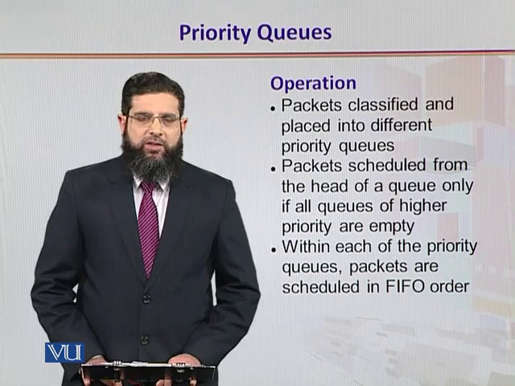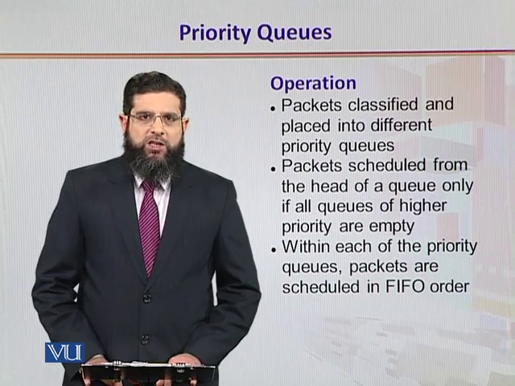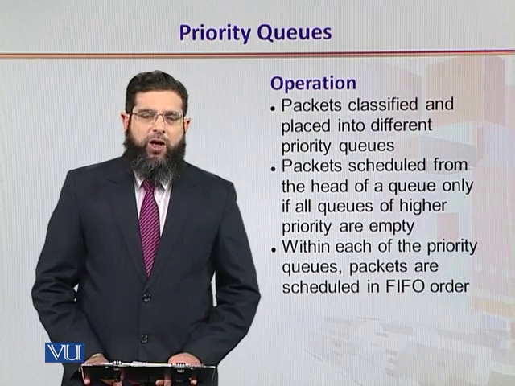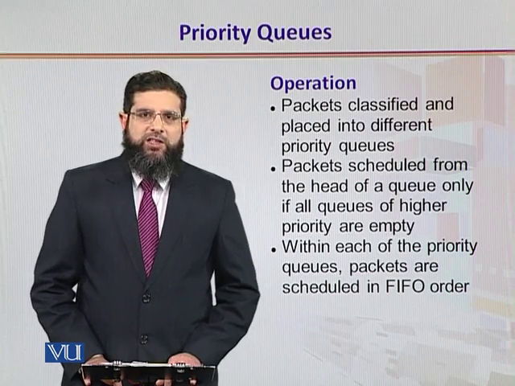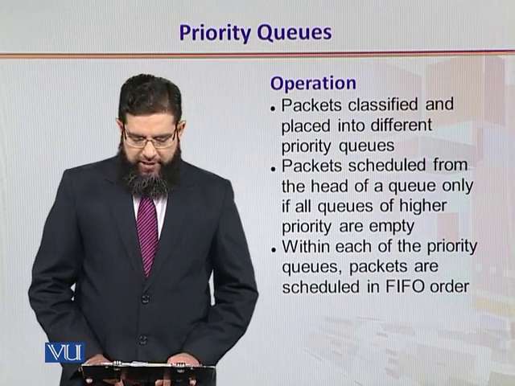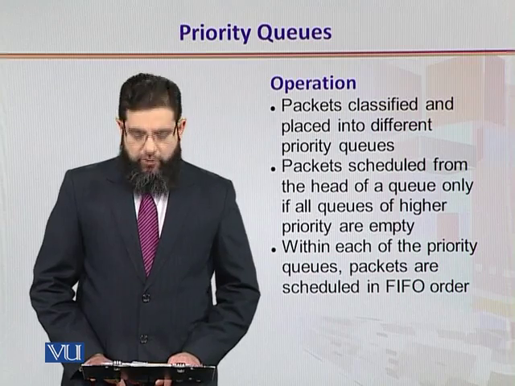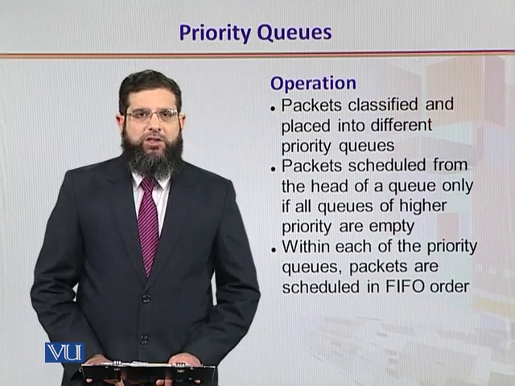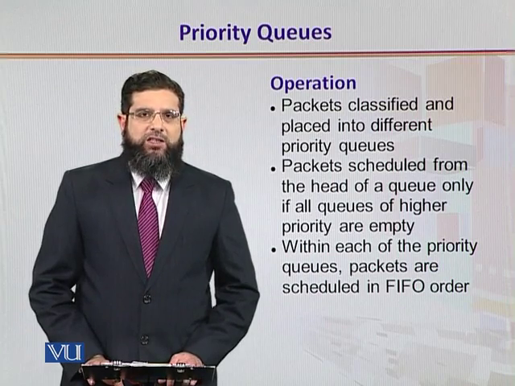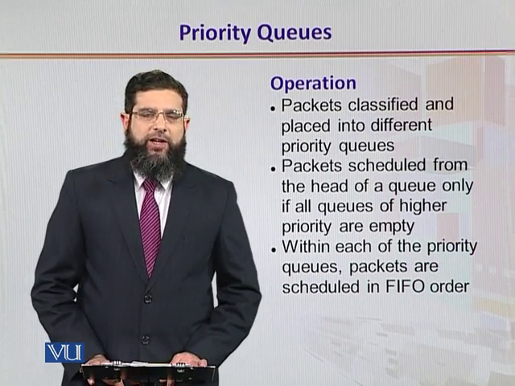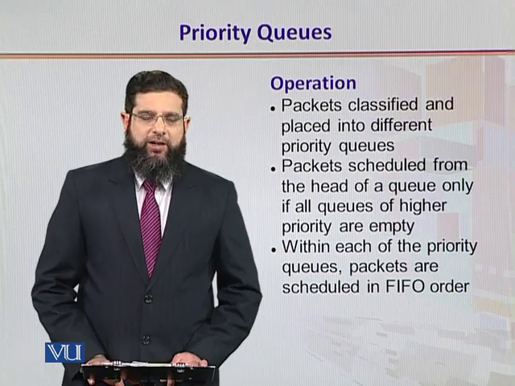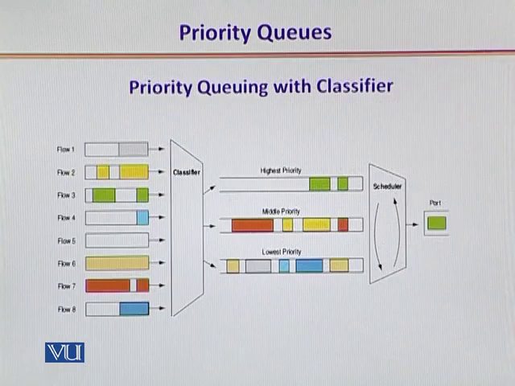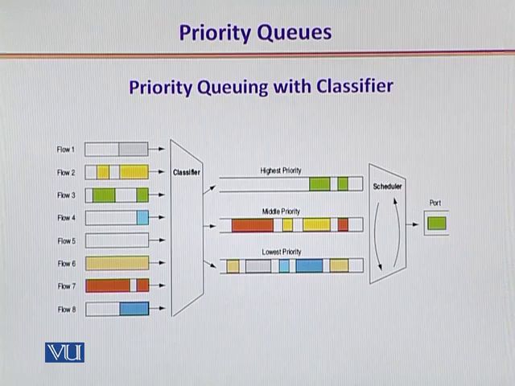Naturally, this has started to look somewhat greedy for the high priority queues, but this is what it is meant to be like. Within each of the priority queue, the packets are serviced simply as first in, first out, because the packets in a single queue can only be treated with the first packet at the head of the queue going first.